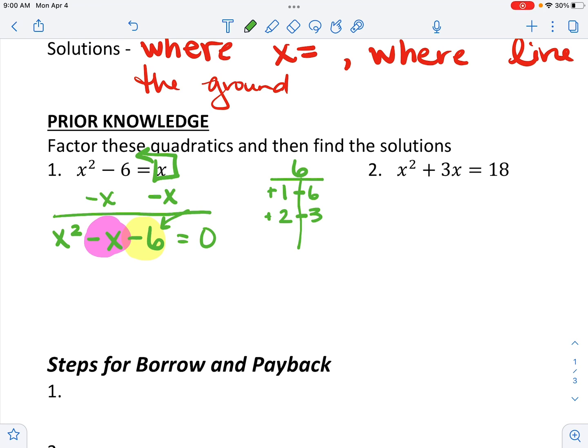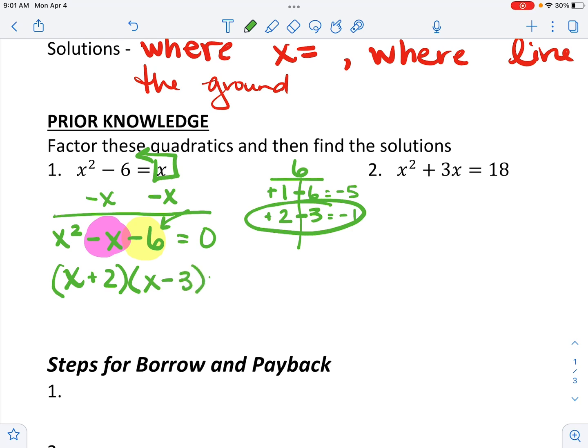And we're always just going to add straight across. So this is going to be -5, this is going to be -1. Which set of factors add up to give us our b? Well, our magic set is going to be this one. So we have x plus 2 and x minus 3 is going to be equal to 0.